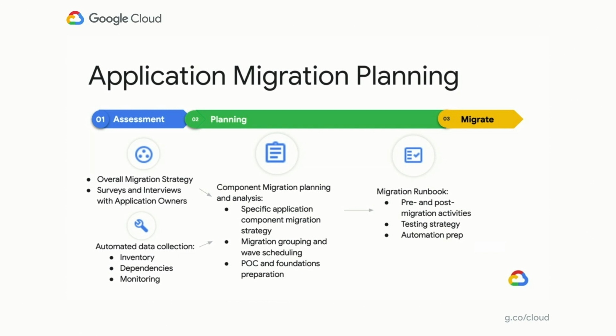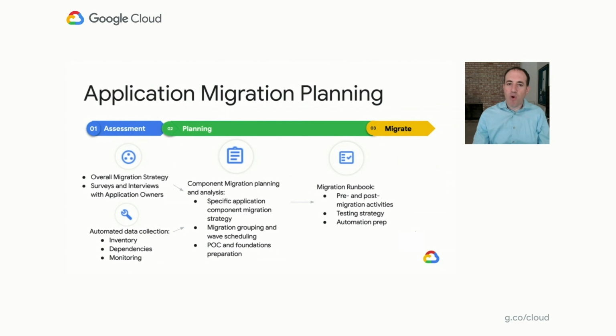But keep in mind that workloads that have already moved to GCP, even with a simple rehosting, can later be modernized to leverage more cloud-native services in a much easier way.